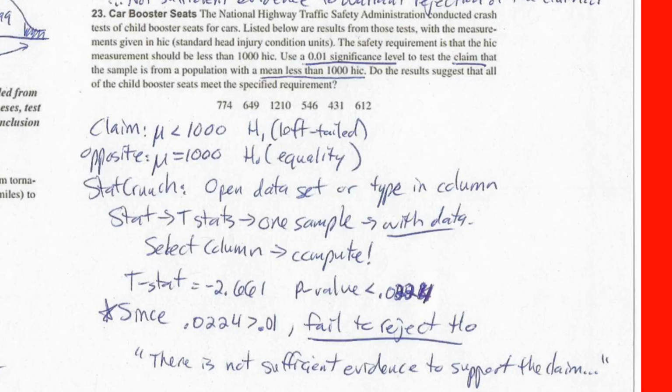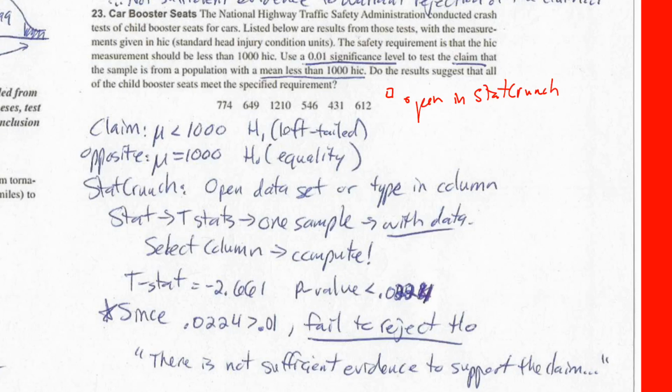In this case, StatCrunch. Now, in my MyMathLab, it has a little symbol here somewhere. If you click on that, it'll give you the option to open in StatCrunch. So open this in StatCrunch is the easiest.